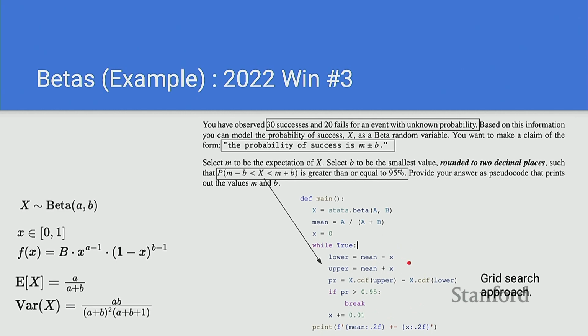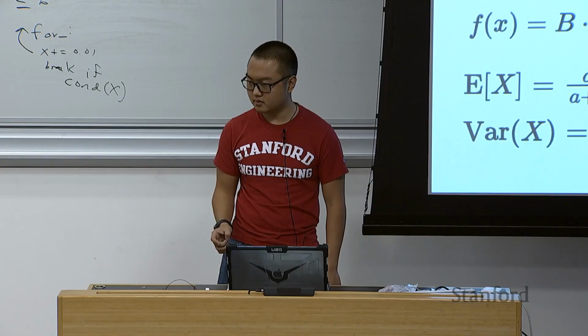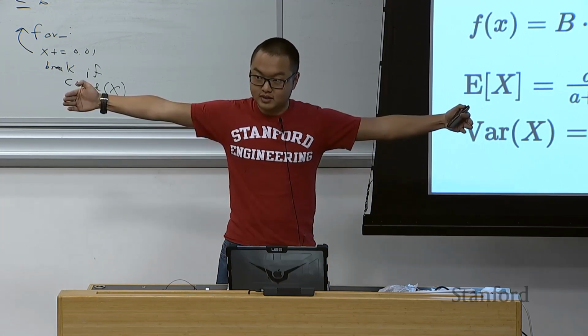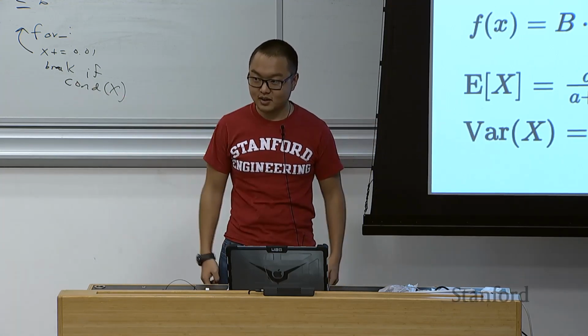In real life, this whole while true loop might actually never break, because it's possible that the probability is never, well, actually no, it will break, because eventually x will become so big that it becomes 1. Yes, we're actually expanding the range this way.